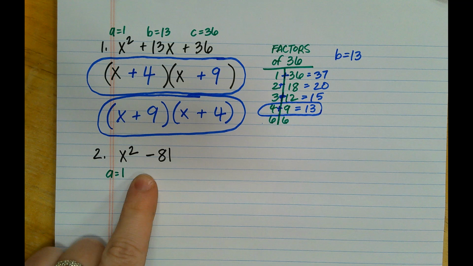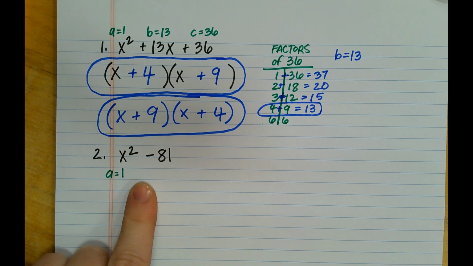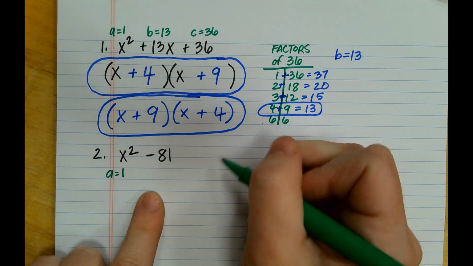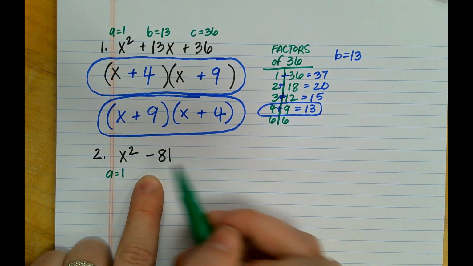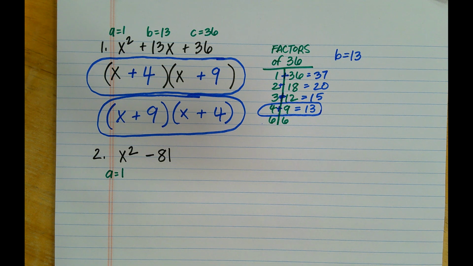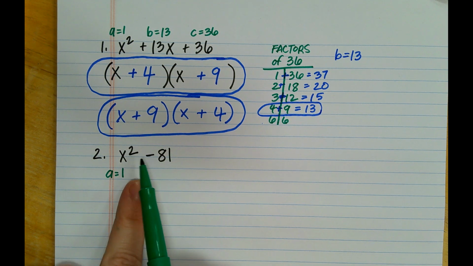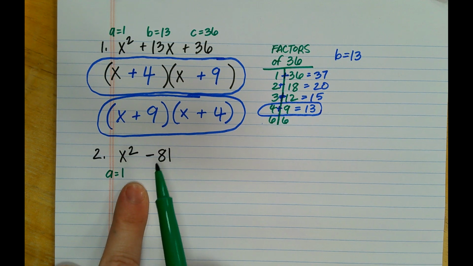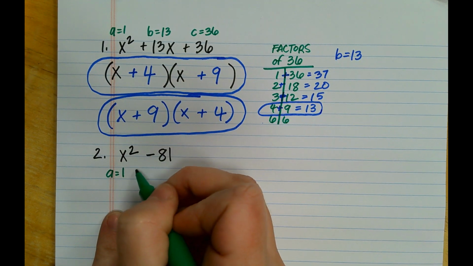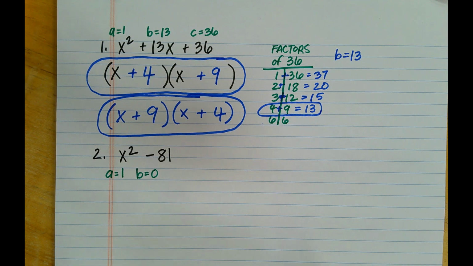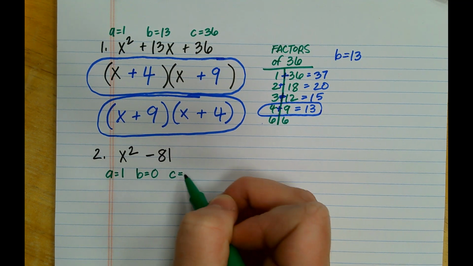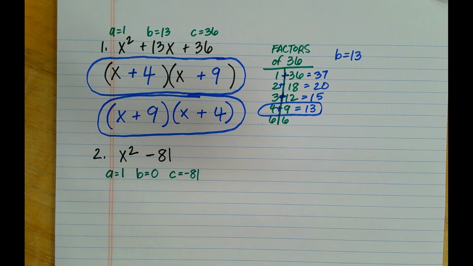My B, I don't have a number with x, so that means our B is 0. If I had x squared plus 0x minus 81, when I take 0 times anything, it makes it disappear. So if there is no middle term, no x term, your B is 0. C is negative 81.